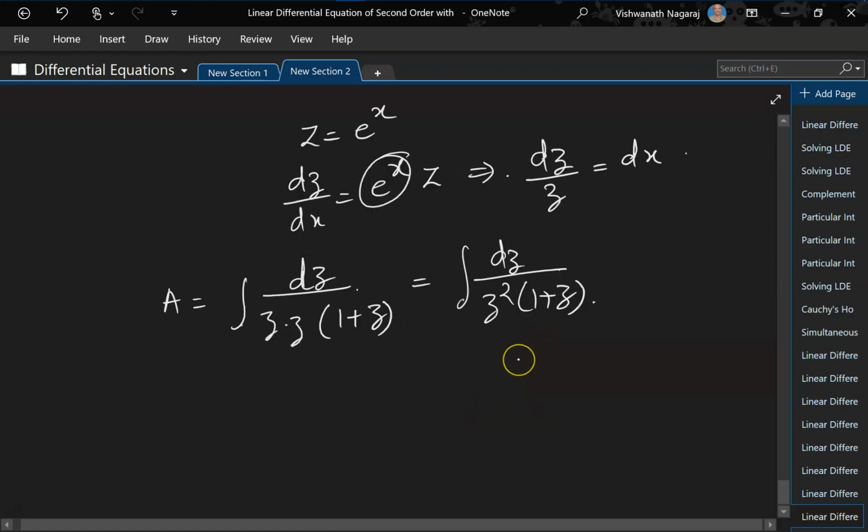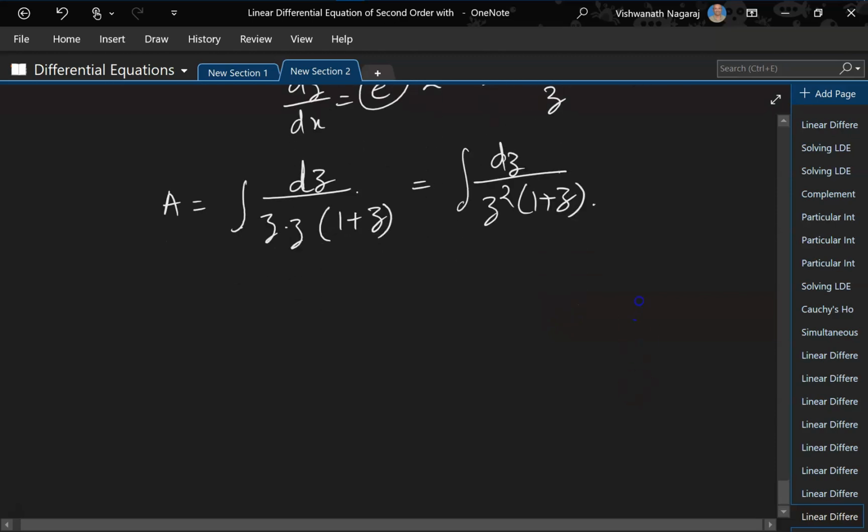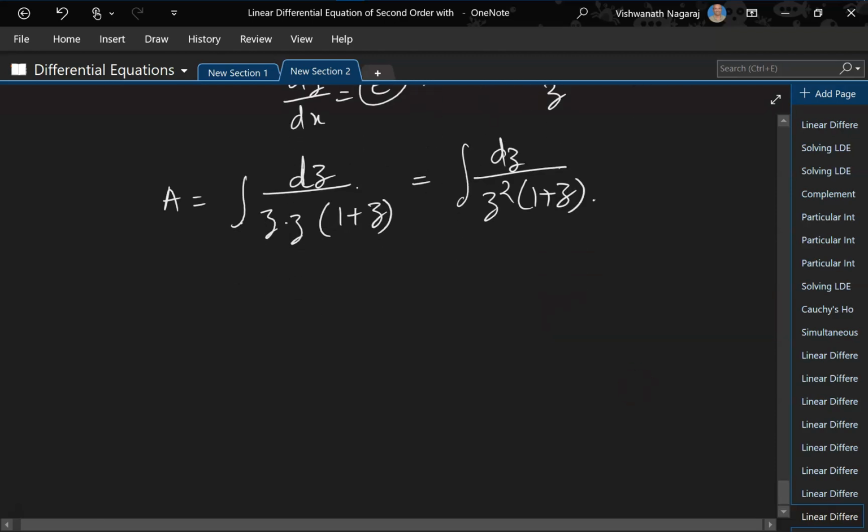Now what do we do in this case? The best way is to split it into partial fractions, so we have to apply the partial fractions concept. 1 by z square times 1 plus z can be written as a by z square plus b by z plus c by 1 plus z.